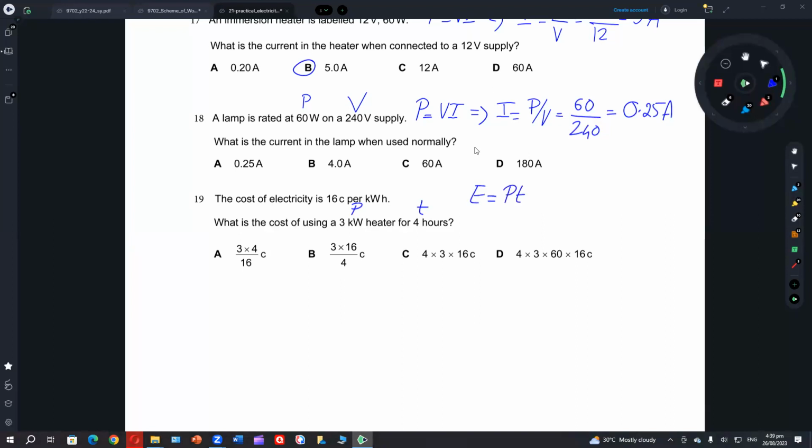Power into time. It is 3 into 4, 3 kilowatt. So the answer will be 12 kilowatt hour. 1 kilowatt hour means 1 unit. 1 unit is costing 16 cent. So the cost will be 12 into 16.